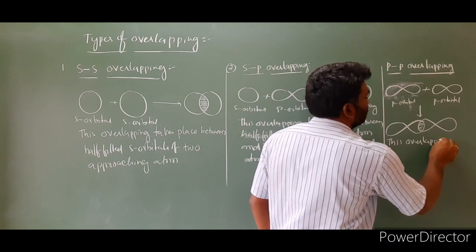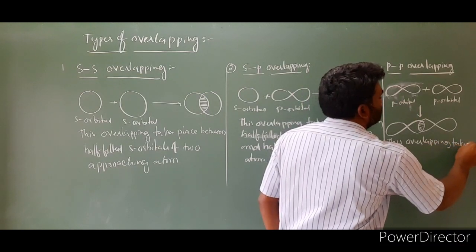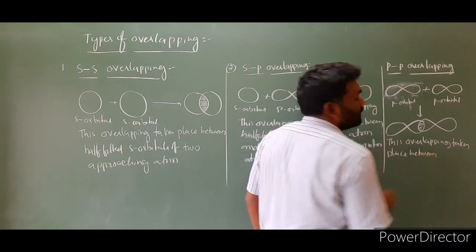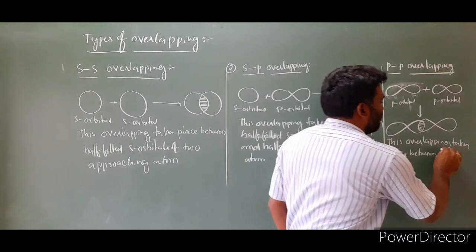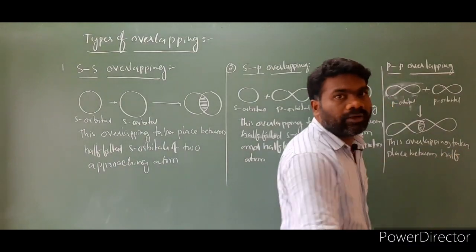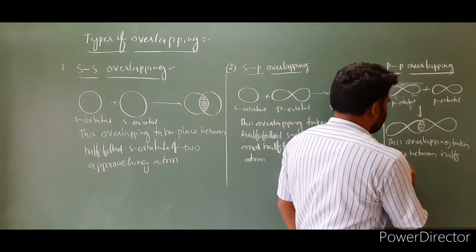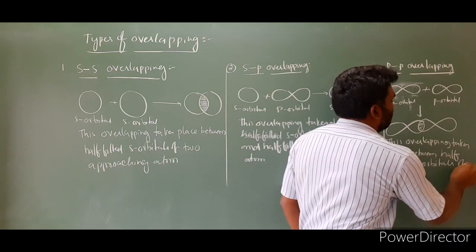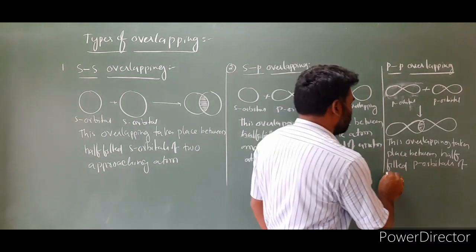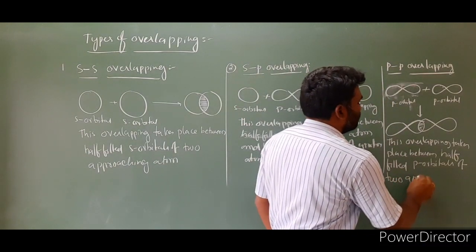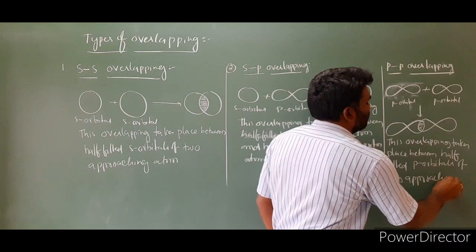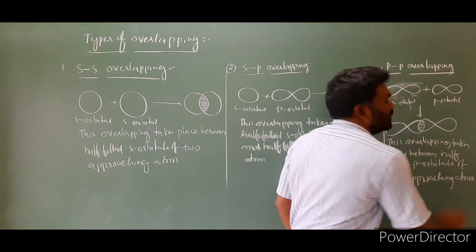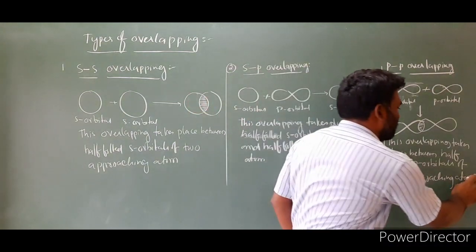This overlapping takes place between half-filled p orbitals of two approaching atoms.